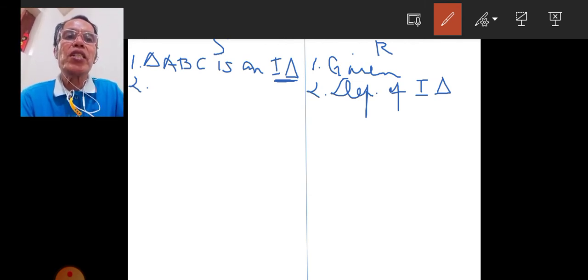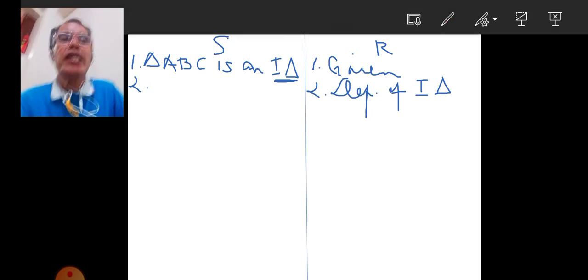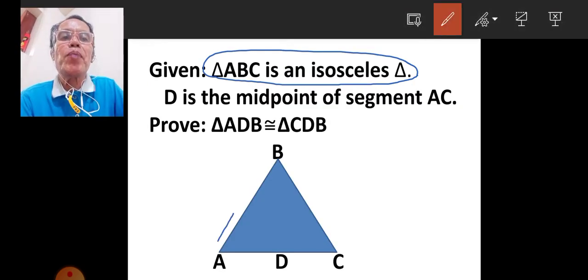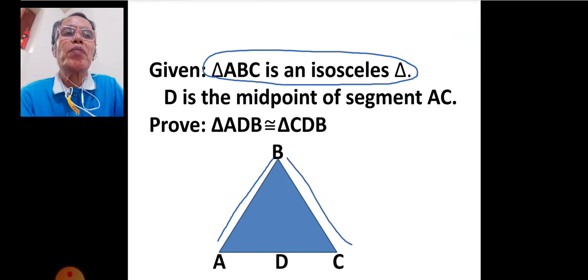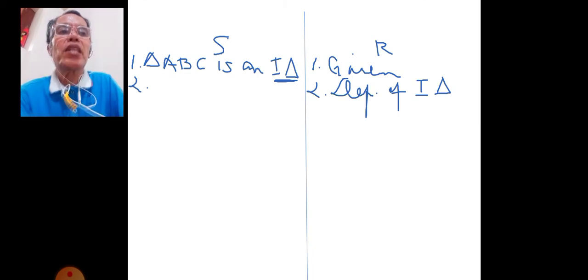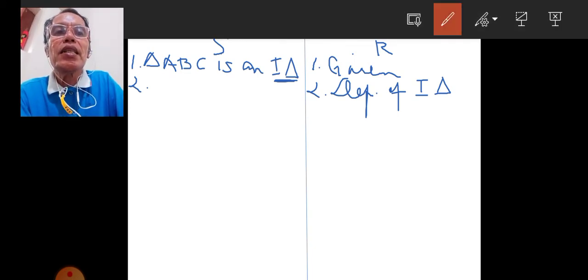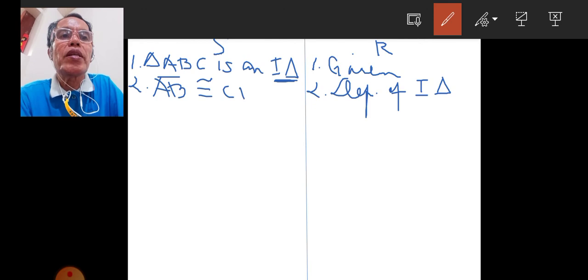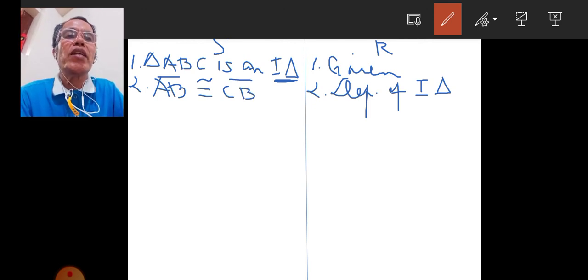So in your statement, you are going to write the two sides of the isosceles triangle that are congruent. So what are those two sides? That is segment AB must be congruent to segment CB. So that is the definition of an isosceles triangle, that two sides of the triangle are congruent.